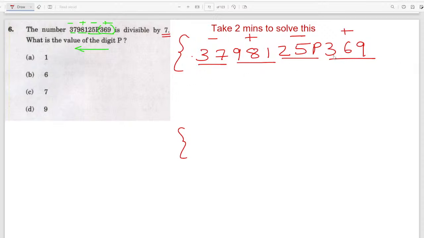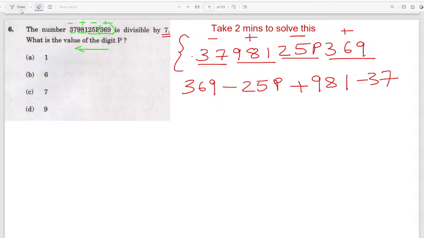So what we'll do is we'll take this number 369 minus 25P. This P digit we don't know. Then we have 981 minus 37. So if we bring all the plus signs together, this is 369 plus 981 minus 25P minus 37.